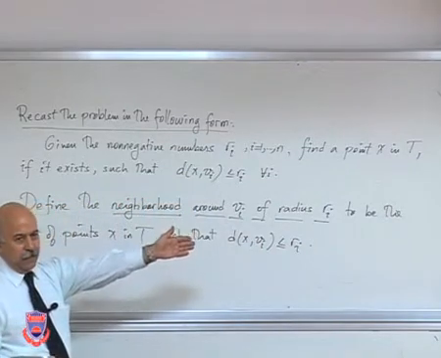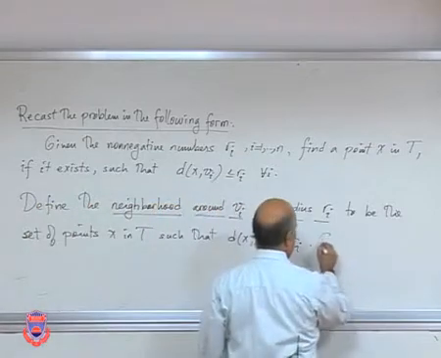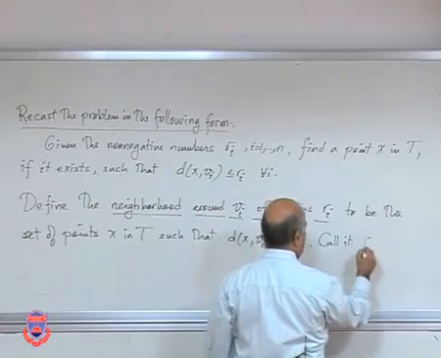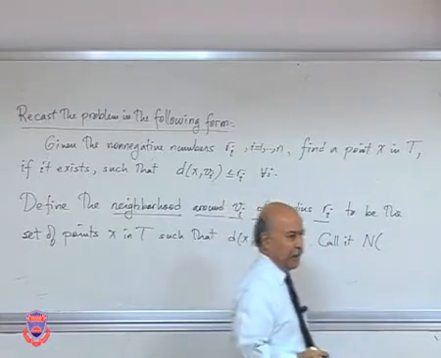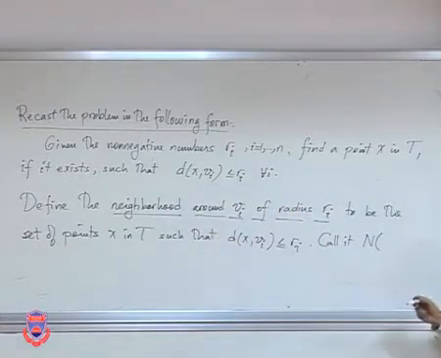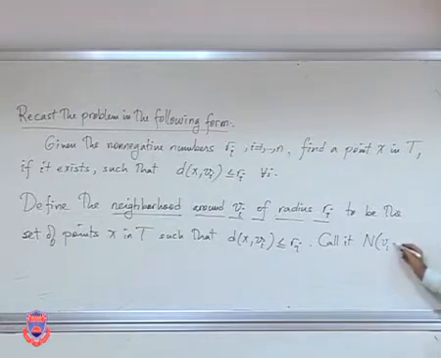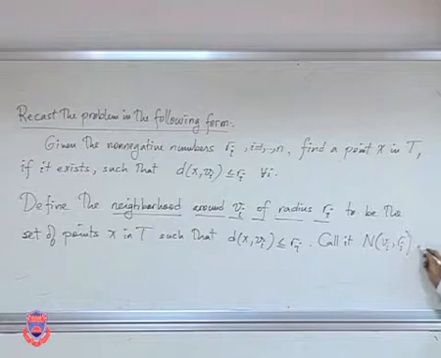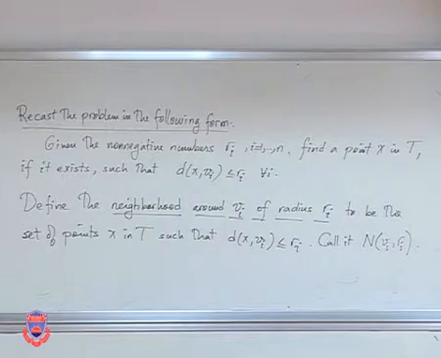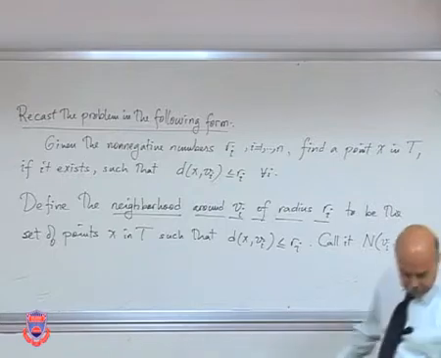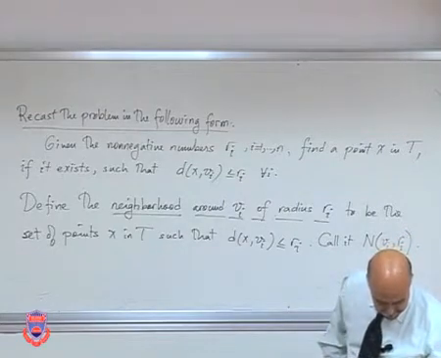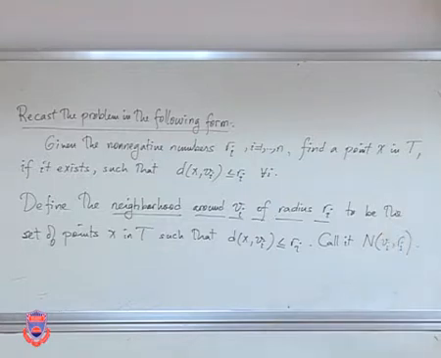It's the same as T_i, except that I'm going to give it a different name because that's the traditional way this was called in the literature. The neighborhood around the point v_i with radius r_i. It's the set of points in the network, in the tree. Of course, you can define it also for tree networks.